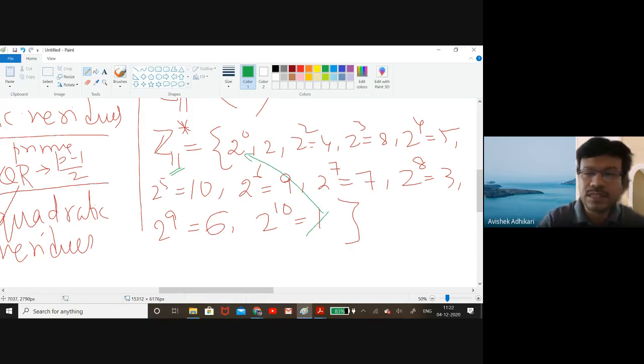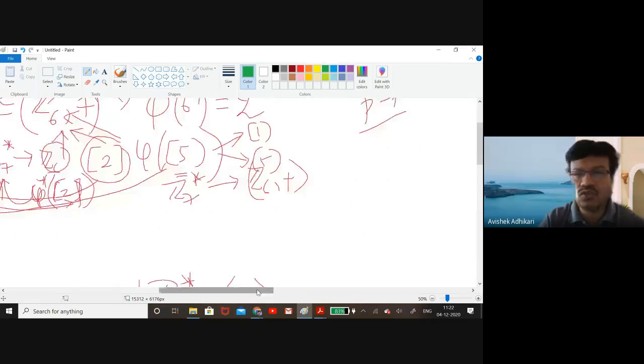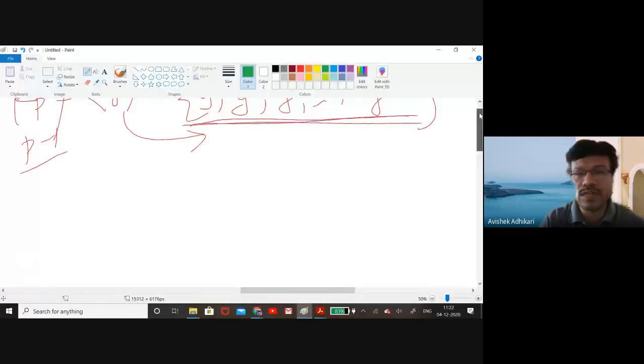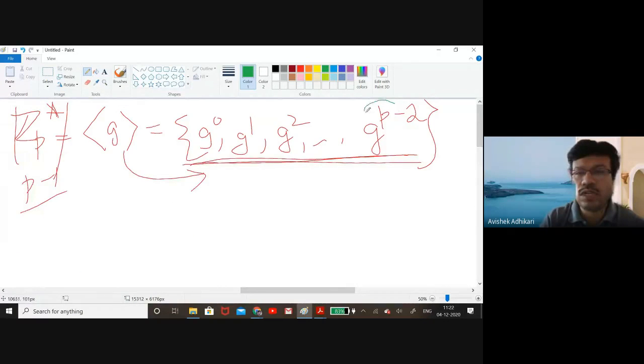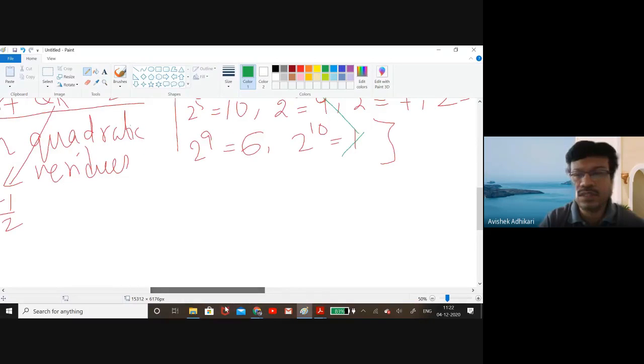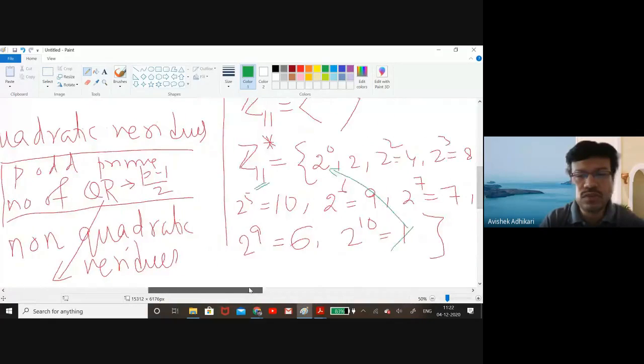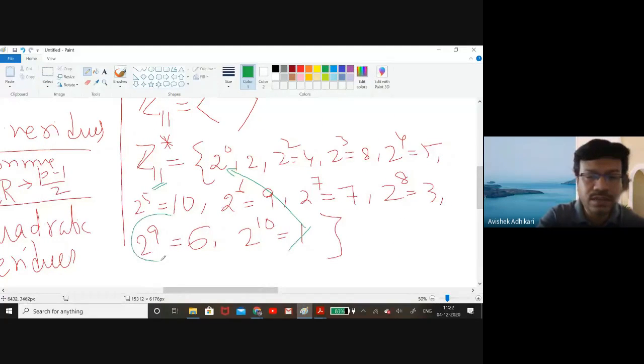As I mentioned earlier, it should go till 2 to the power p minus 2 and not p minus 1. That's why I get back the same element 1. Here p is 11, so p minus 2 is 9. If we go till 2 to the power 10, then the same element 2 to the power 0 will appear.